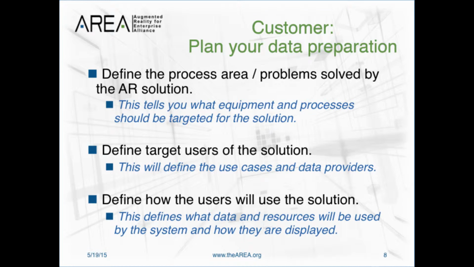slain. So once we define that process area and the problems, we need to define the target users of the solution, and this is going to help us further refine how they're going to use it and what data providers in the plant we are going to use. If it's maintenance, then a lot of the data providers are going to be documentation systems, maintenance systems, preventative maintenance, and these types of systems.